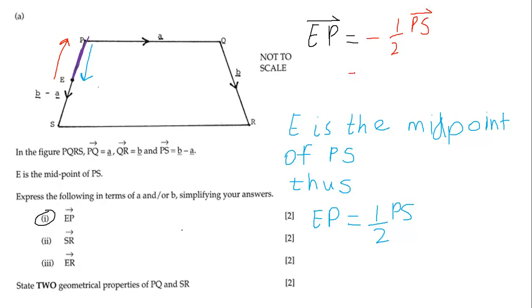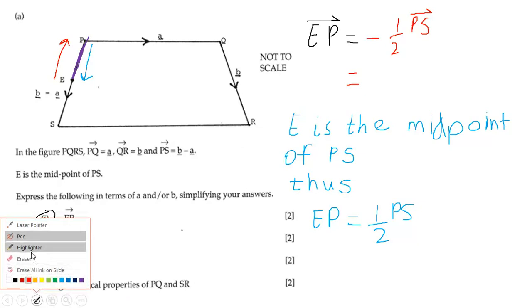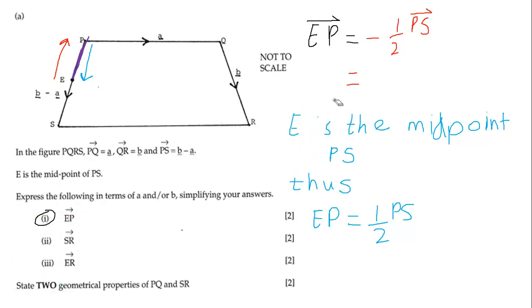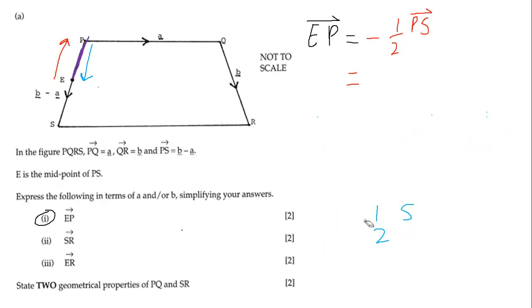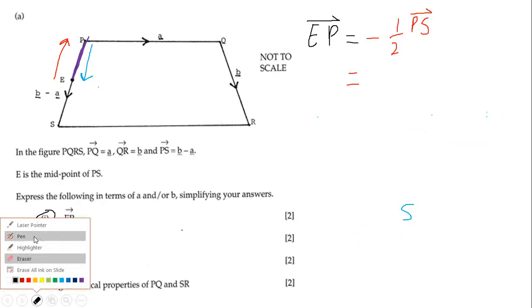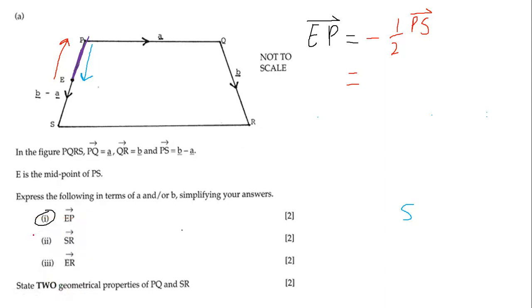So the vector EP is going to be equal to negative a half PS.